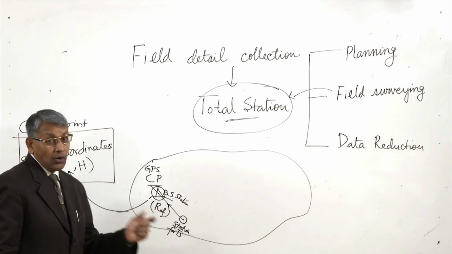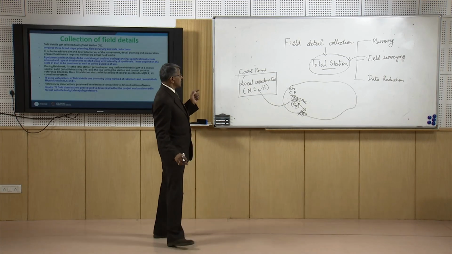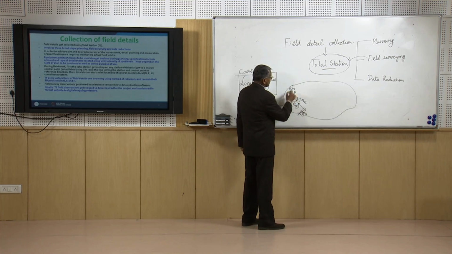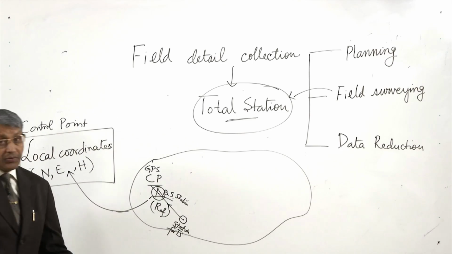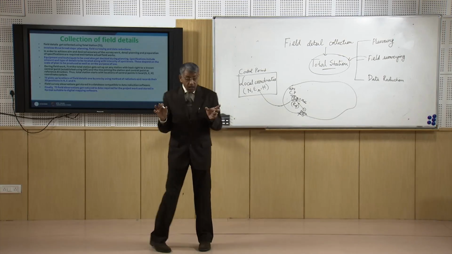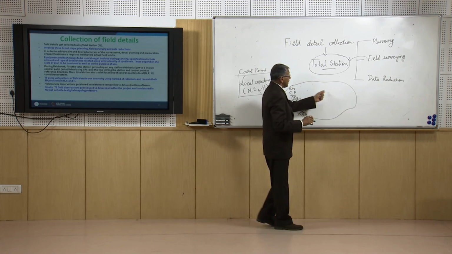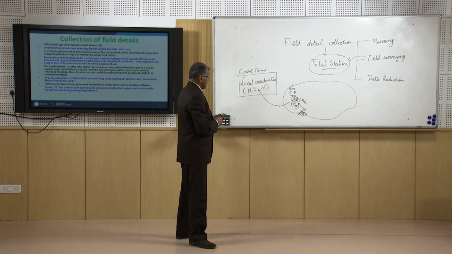This is the thing which we have to emphasize during our collection of field details, and with this we can now take observations at different locations or different objects in the area.